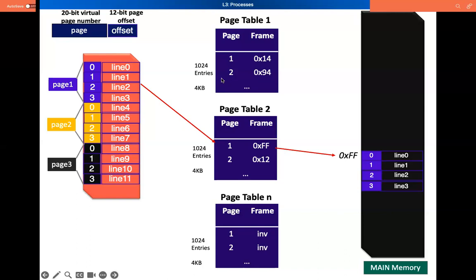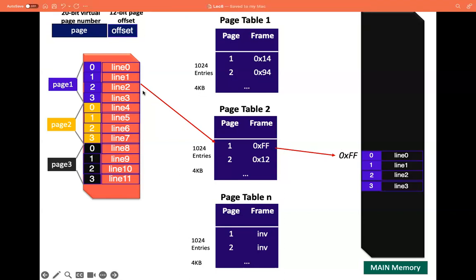Each of these page tables then will be of size 4 kilobytes, since there are 1,024 entries. And of course, the page table's role will be the same. It is to map the pages with the physical address.